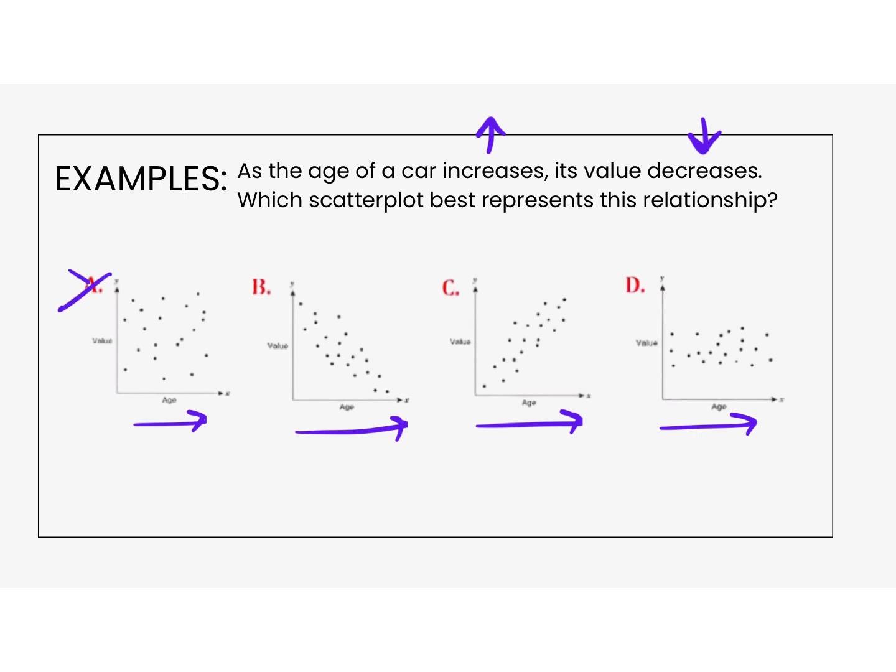So it's not going to be A. This looks like I start high and end low, so that looks like it's decreasing. This one looks like it's increasing, so that's a no. And then D doesn't really do anything. So B is the correct answer, right? Again, as I move along the x-axis, so as my age increases, my value is decreasing. So that's that negative correlation that we looked at.